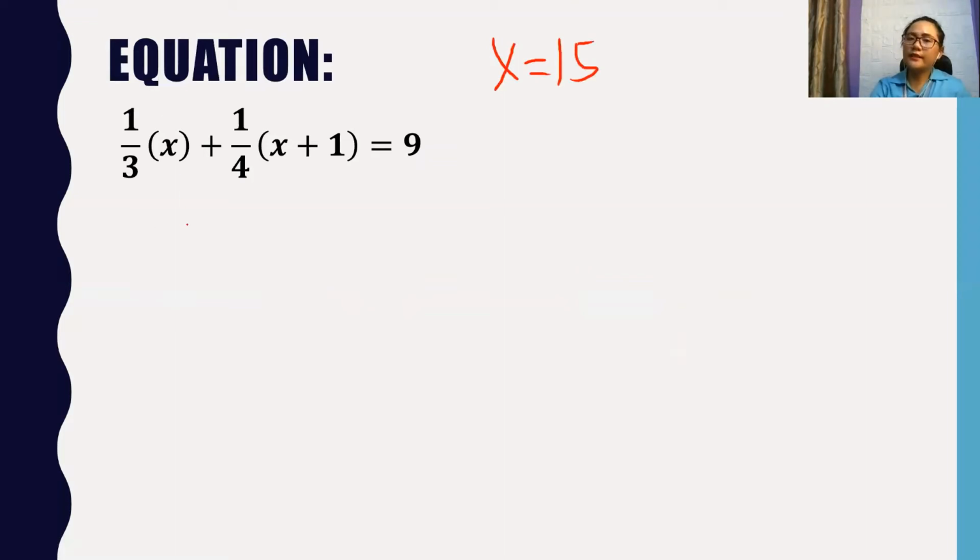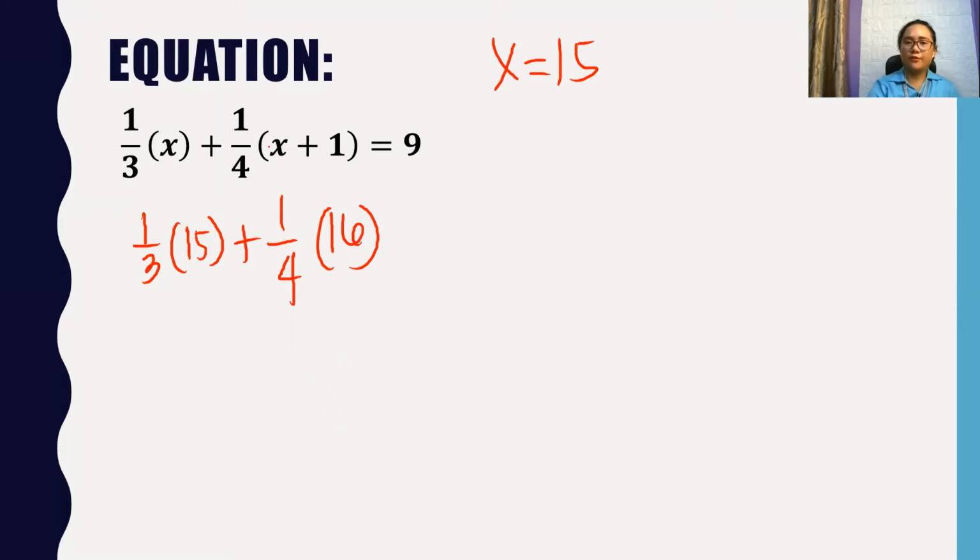So, pwede na natin directly isusulat dito that 1/3 times x is 15 plus yung 1/4, we have x plus 1. So, 15 plus 1, that means 16. Right? So, automatically, lagay natin dito yung 16 kasi 15 plus 1. Okay?